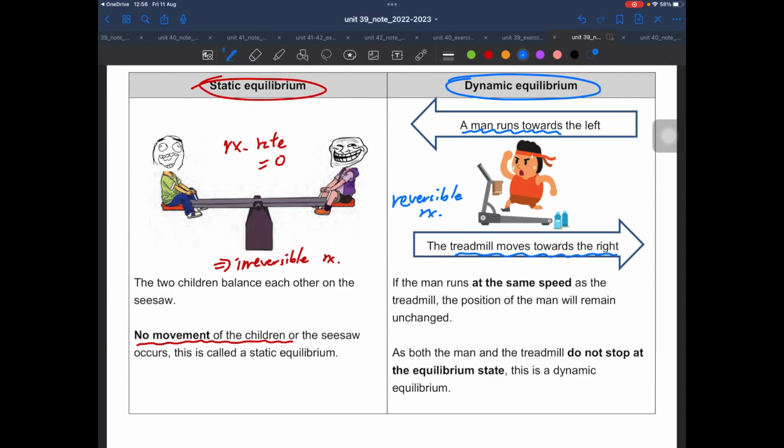So you can see both the man and the machine are moving hard. But eventually their positions remain unchanged. This is called dynamic because the man runs at the same speed as the machine, so the position remains unchanged.